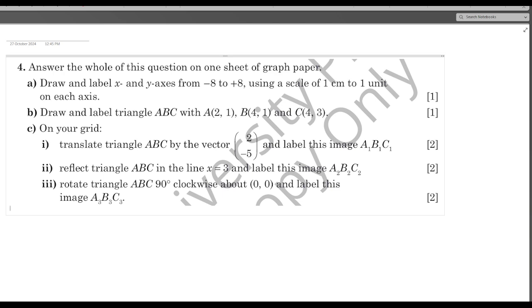Okay, so let me use the Desmos graphing calculator. There I will first draw the graph grid line.